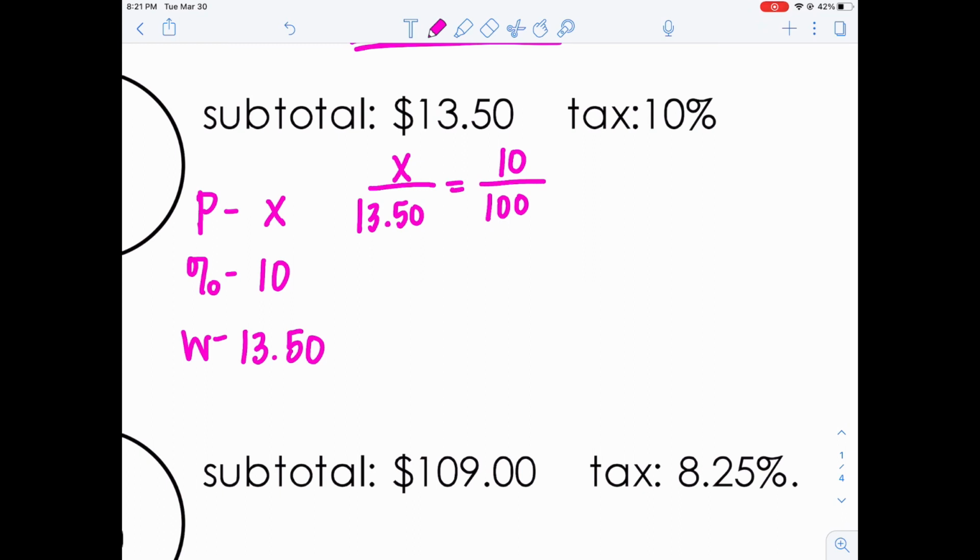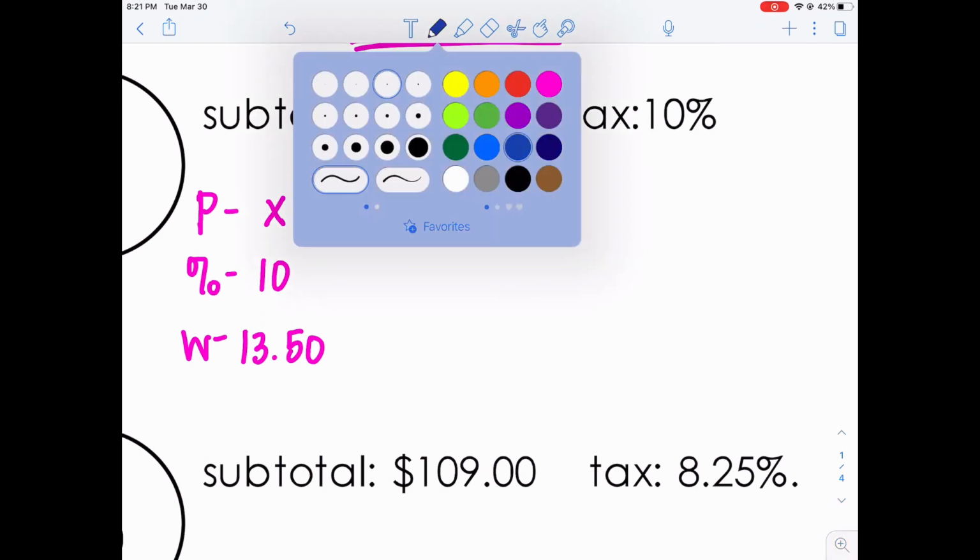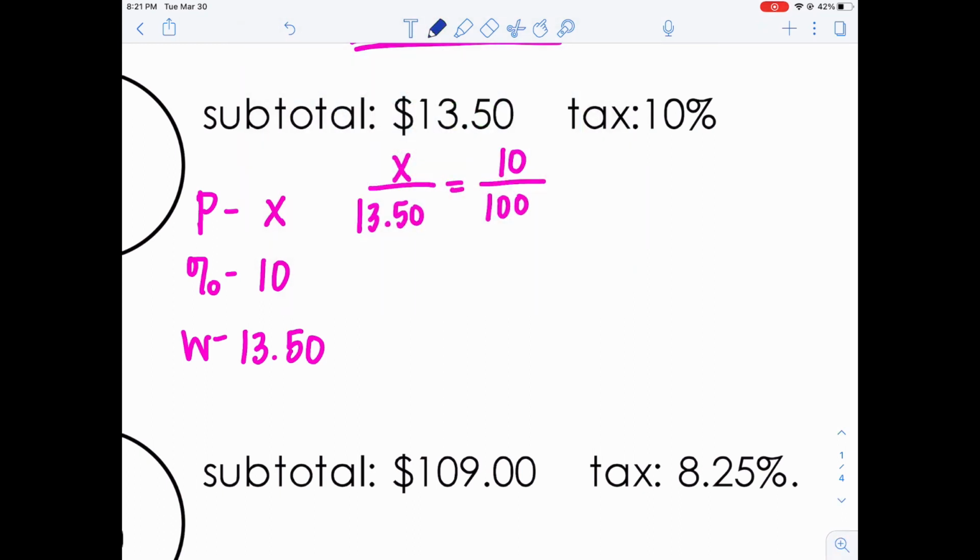To solve a proportion, we use cross multiplication. So I'm going to take 100 times X, which is 100X. And then I'm going to do $13.50 times 10, which gives me 135. To solve this one-step equation, I need to split it down the equal sign and divide both sides by 100.